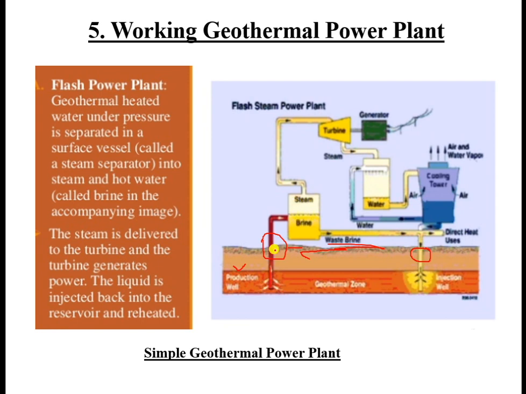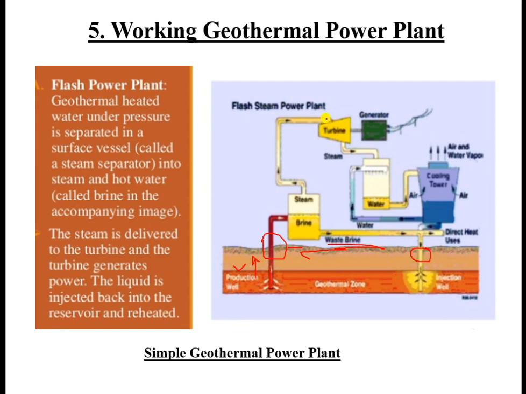So these are not only hot water wells but steam wells: the water available inside the earth crust is heated up there, and the steam available here can be extracted, its pressure as well as temperature can be increased, and it is supplied to this turbine.